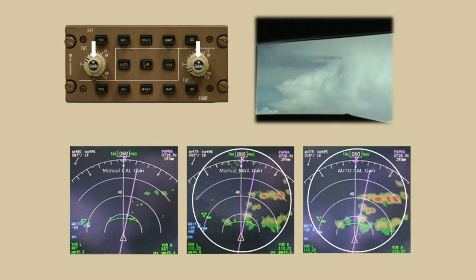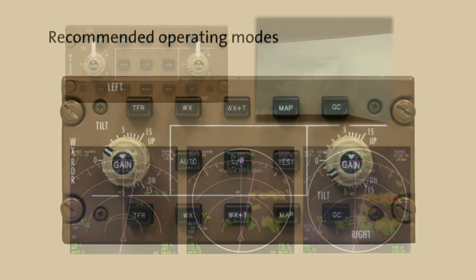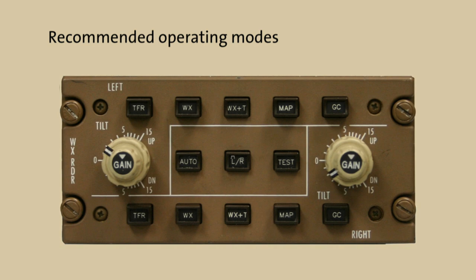In auto, further increasing the gain above the CAL position may result in overwarning and unnecessary deviations. Rockwell Collins recommends that the radar be operated in auto, CAL gain, and weather plus threat, or WX plus T, in order to gain maximum benefit from MultiScan ThreatTrack's cell evaluation features.